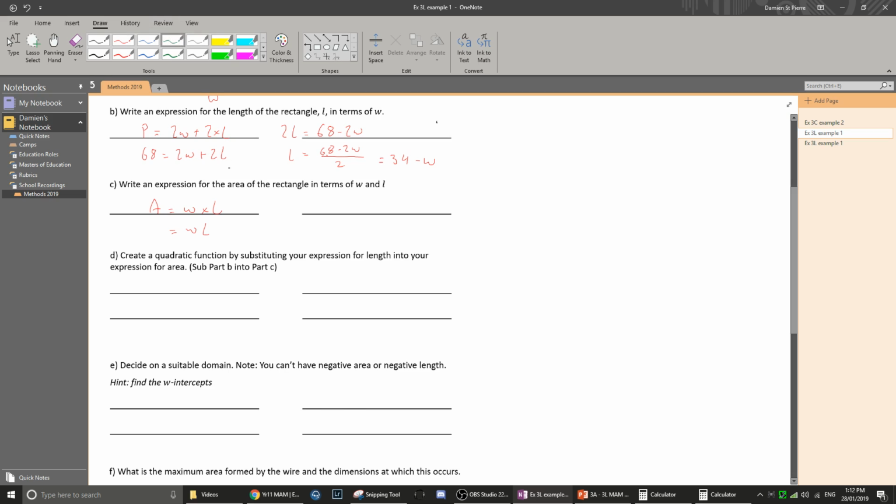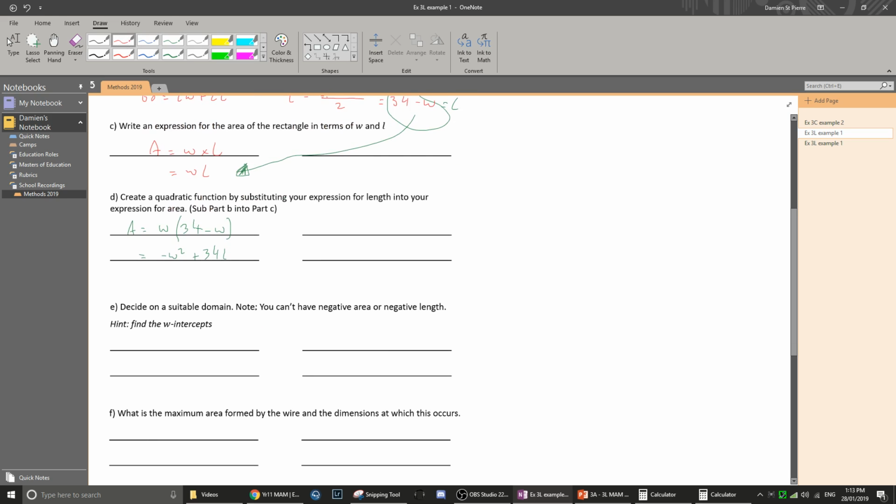So we take this expression for L and put it in. We get area equals W times 34 minus W, which is equal to negative W squared plus 34L. Not that hard in the end.